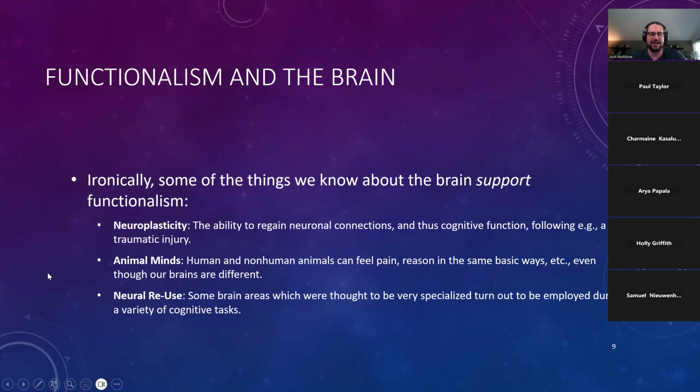Neural reuse, by the way, is this idea that areas of the brain that we thought were specialized to very specific tasks are actually recruited for other kinds of tasks that we didn't think of. So if I say to you Broca's area, maybe we have some neuroscience students in the class, what is Broca's area implicated in?